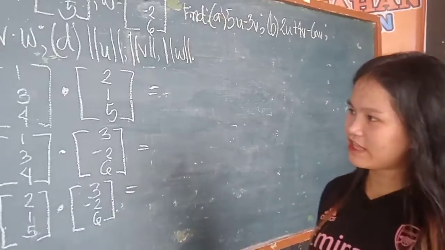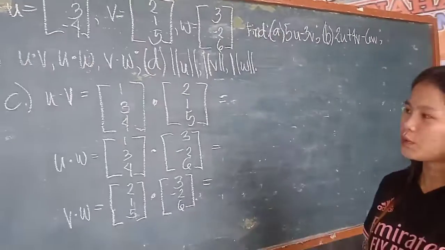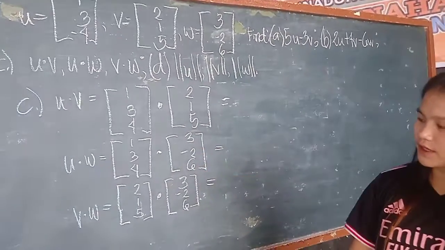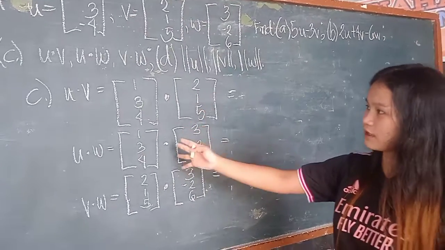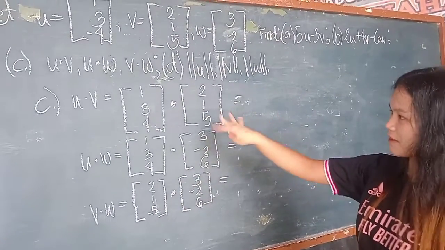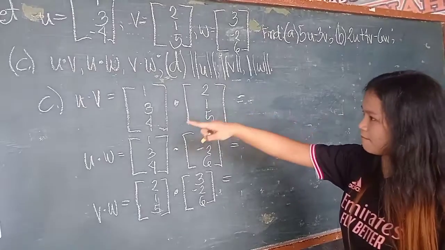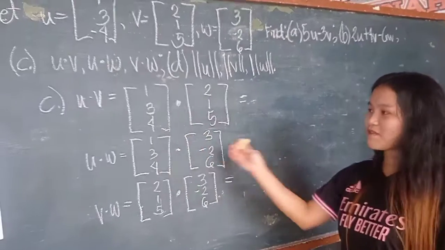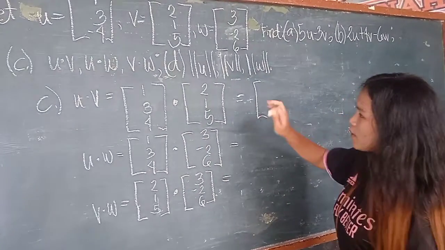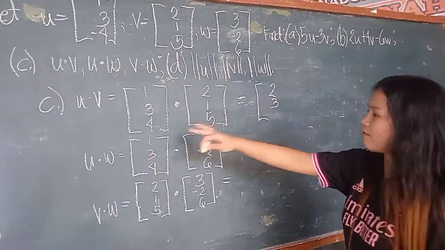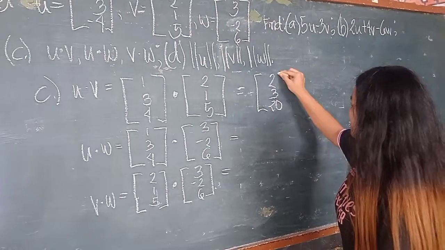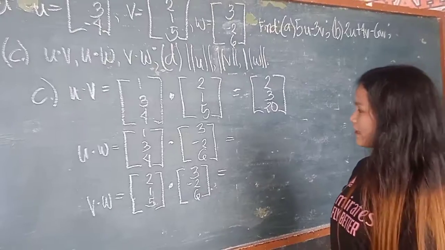Let's proceed to letter C: u times b, u times w, and b times w. I just get their values and multiply. For u times b, 1 times 2 equals 2, 3 times 1 equals 3, and 4 times 5 equals 20.